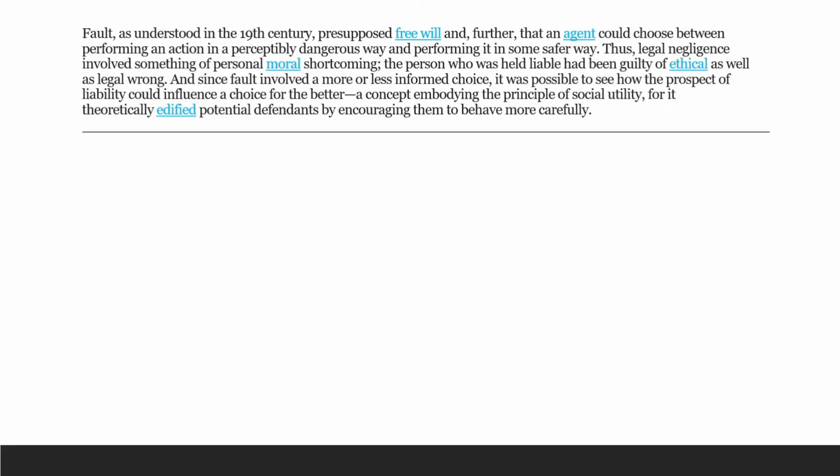And since fault involved a more or less informed choice, it was possible to see how the prospect of liability would influence a choice for the better. The concept embodied the principle of social utility, theoretically educating potential defendants by encouraging them to behave more carefully.